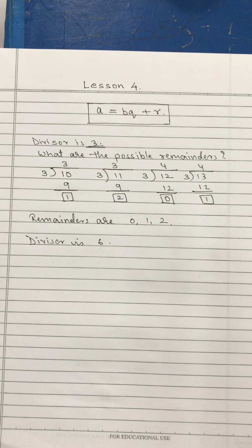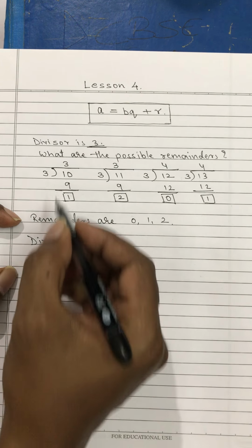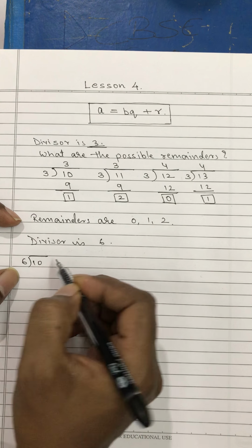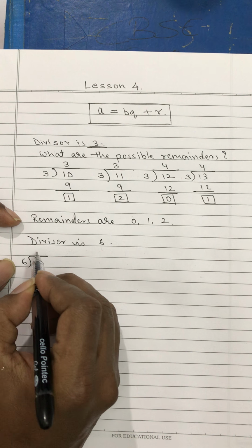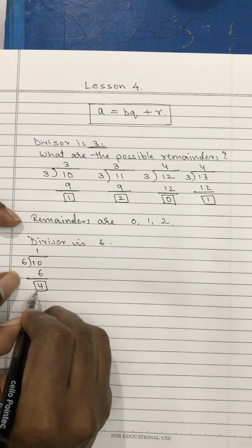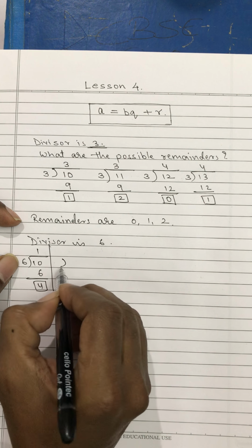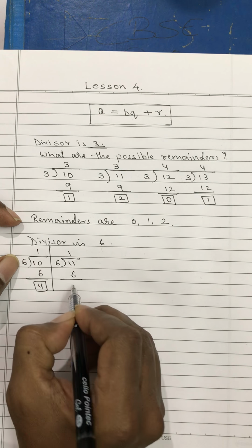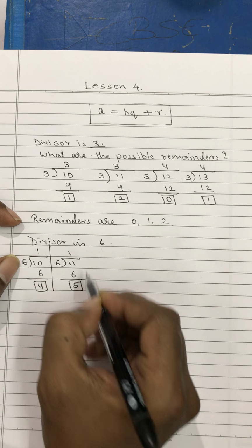Just try to imagine what the possible remainders are. Supposing I take 10 and divide it by 6: 6 ones are 6, the remainder is 4. Then 11, 6 ones are 6, the remainder is 5.